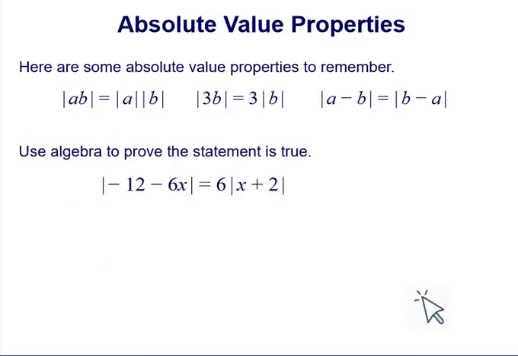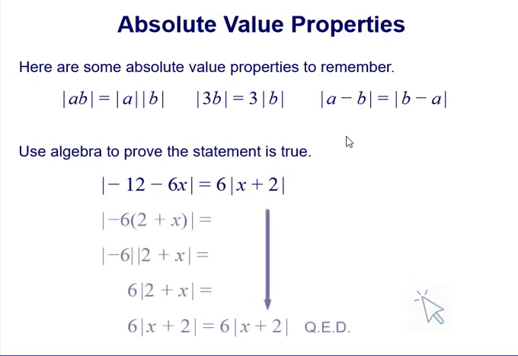So here is another one to prove that it is true. We can see the absolute value of negative 12 minus 6x is equal to 6 times the absolute value of x plus 2. If we look at the left, we're starting with negative 12 minus 6x inside the absolute value, which we then are factoring out a negative 6.